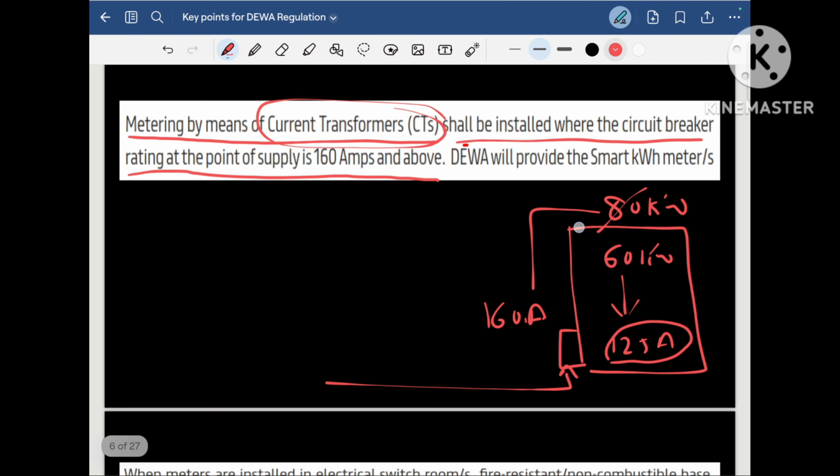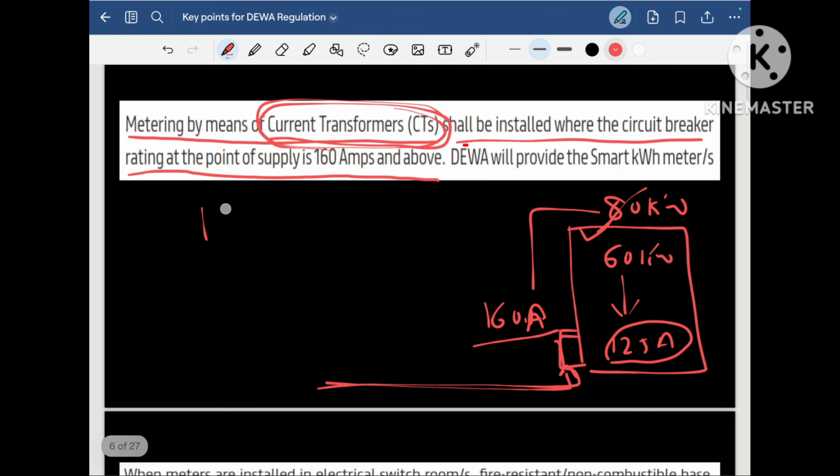But as the load of the villa project is 80 kilowatt, I need a 160 ampere breaker. So when DEWA connects the power to the meter cabinet, that meter should have the current transformer to read the kWh consumption. So what is the moral of the story?